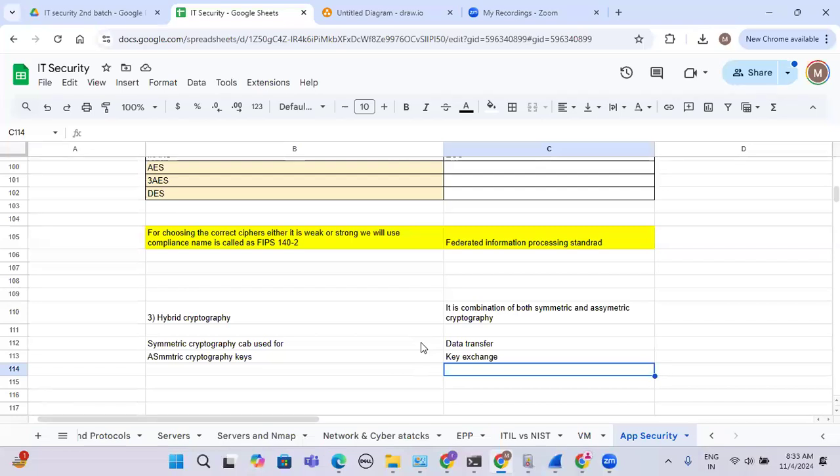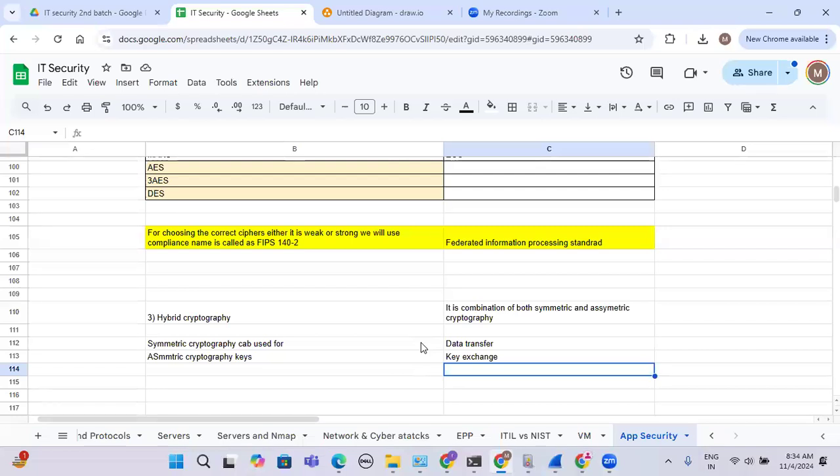And on the asymmetric side, keys are exchanged between our front end user and the back end server. For example, take ICICI Bank, Citibank, Axis Bank, or HSBC Bank. In that scenario, keys will be exchanged between the back end server and our front end user. That can be done by asymmetric encryption. For data transfer, whatever data we are entering, we use symmetric encryption, and asymmetric encryption we use for the keys exchange.